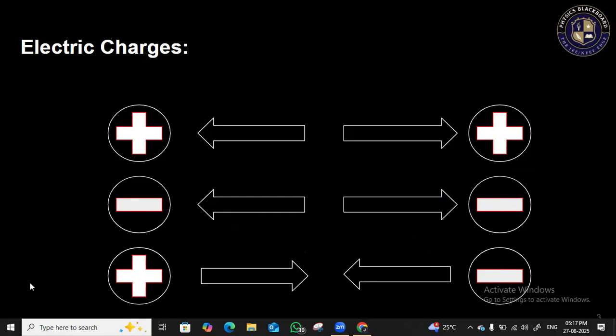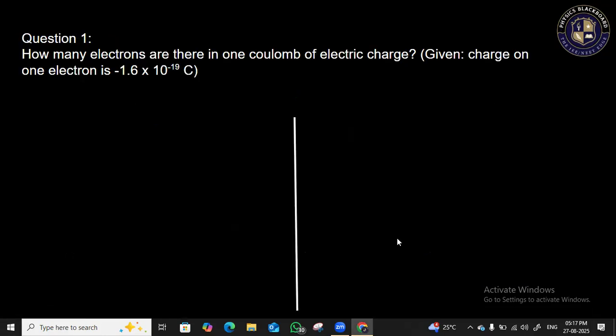Right? Now, next to this, we see a numerical related to electric charge. How many electrons are there in 1 coulomb of electric charge? Given: the charge of one electron is minus 1.6 into 10 power minus 19 coulombs.